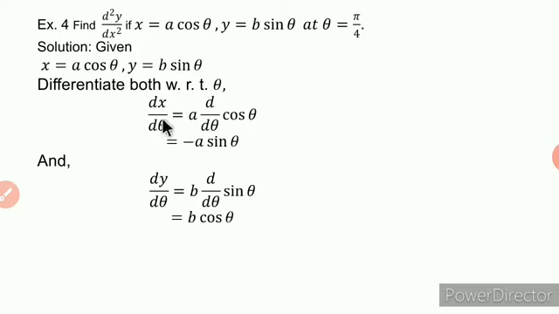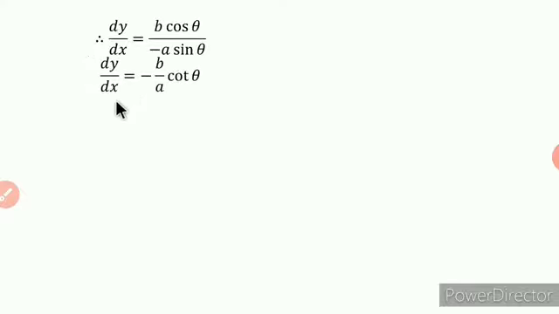Now by using the derivative of a parametric function, we get dy by dx. So now we have dy by dx is equal to dy by d theta divided by dx by d theta. So substituting their corresponding values, we get dy by dx is equal to b cos theta divided by minus a sin theta. Now cos theta upon sin theta is cot theta, and therefore we get dy by dx is equal to minus b upon a cot theta.